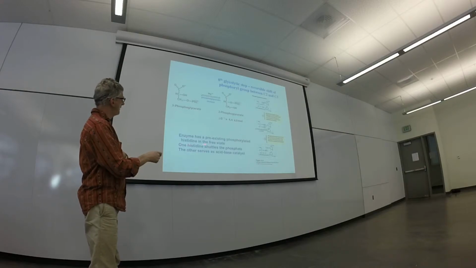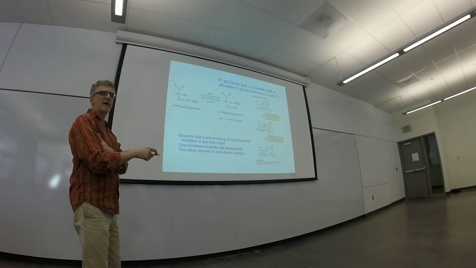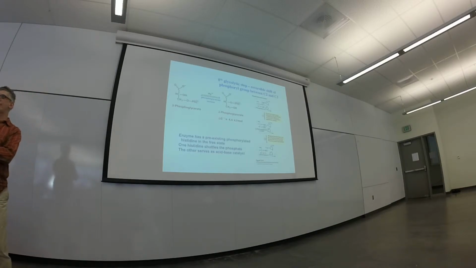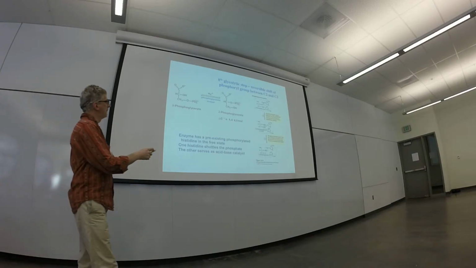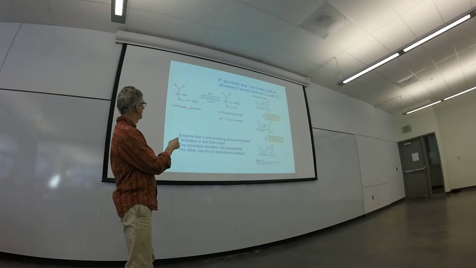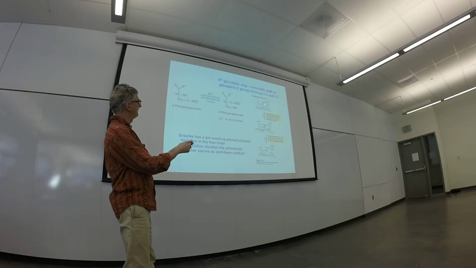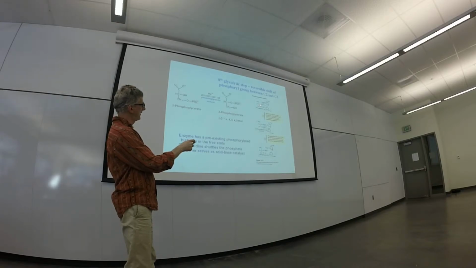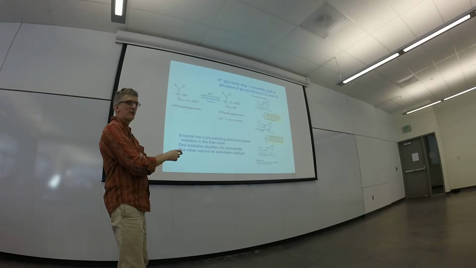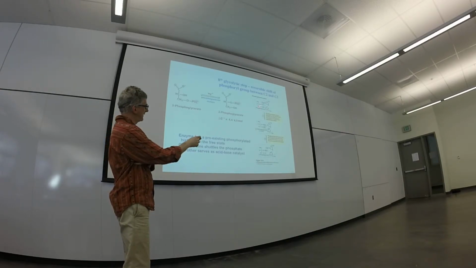So there are two histidines in the active site. One of them is phosphorylated by some other enzyme that comes along, and the other one is not phosphorylated. Okay? And so the way the mechanism works is that the oxygen on the C2 carbon, which is not phosphorylated in the substrate, attacks the phosphorus on the phosphorylated histidine, while the other histidine serves as a general base to take the proton away to facilitate that reaction.